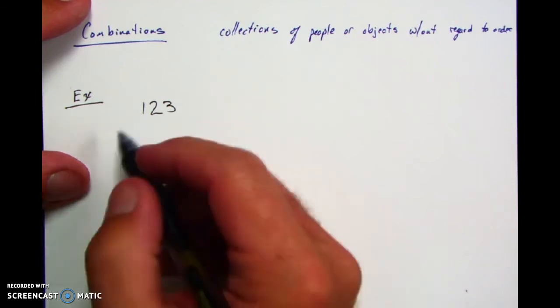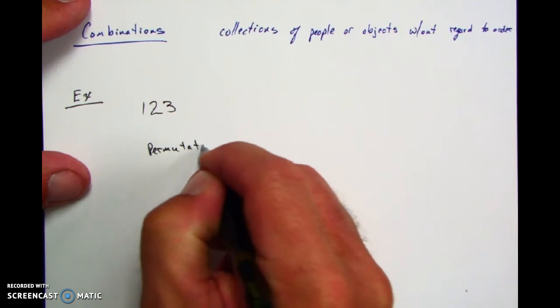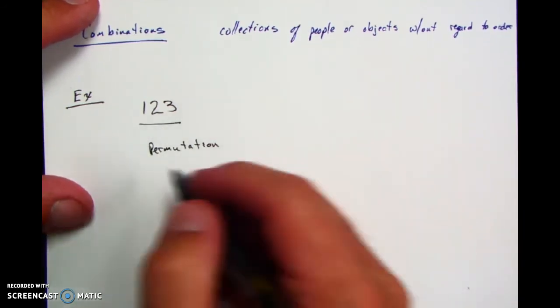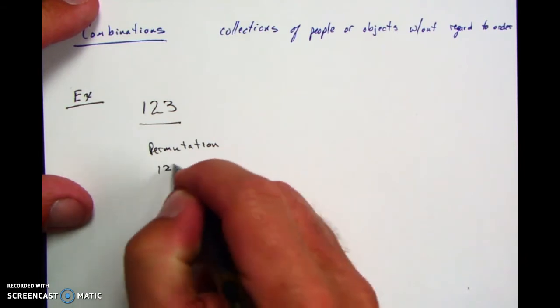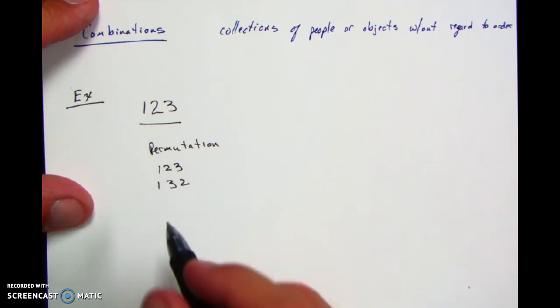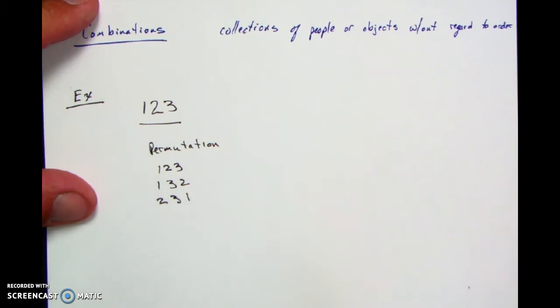Now, if I was referring to this as a permutation, where the order does matter, and I'm going to use all three numbers, then I could end up with not just 1, 2, 3, but I could also have 1, 3, 2, and that would be different. And I could have 2, 3, 1.